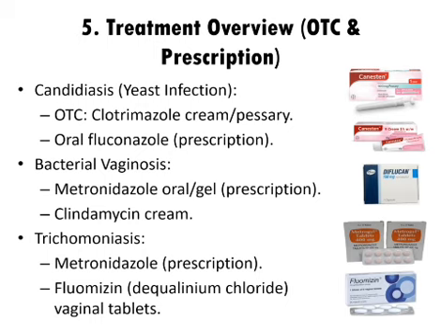For bacterial vaginosis, prescription option will be metronidazole antibiotic tablet, while OTC option will be clindamycin cream. For trichomoniasis, oral antibiotic will be metronidazole tablet, while OTC option will be fluomycin vaginal tablet.